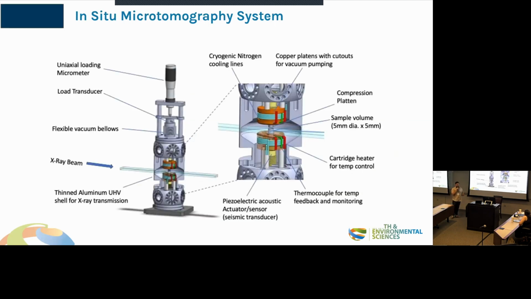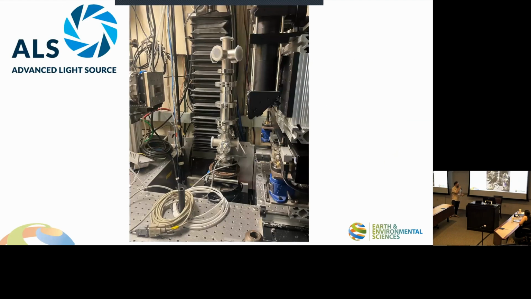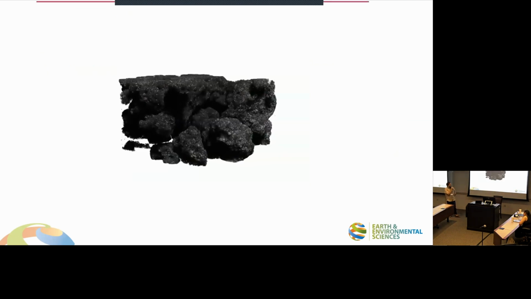To approach this, we have been doing X-ray microtomography experiments using a cell that is engineered to recreate lunar surface conditions, so very cold, high vacuum conditions. Here's a picture of our cell in its beta version, sitting on the X-ray beamline at the Advanced Light Source at Berkeley National Lab, which is a synchrotron user facility that we make these measurements at.